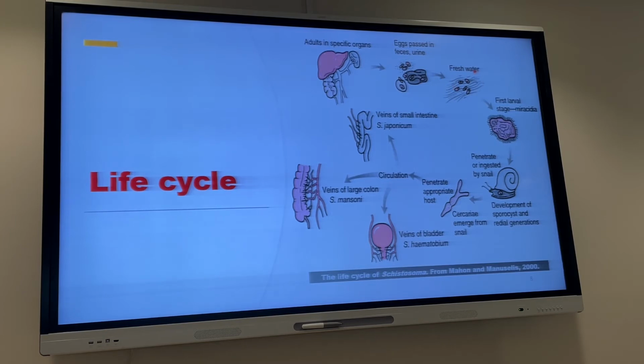Now, if you have indiscriminate urination in the environment, these eggs, when they get into the body of water, are going to liberate the first juvenile worm stage, the miracidium for one, miracidia for many. These miracidia are motile, and they will actively seek out the snail intermediate host. Now, if the appropriate snail intermediate host is not available, it takes 72 hours for the miracidia to die. So within 72 hours, they must find a suitable snail host.